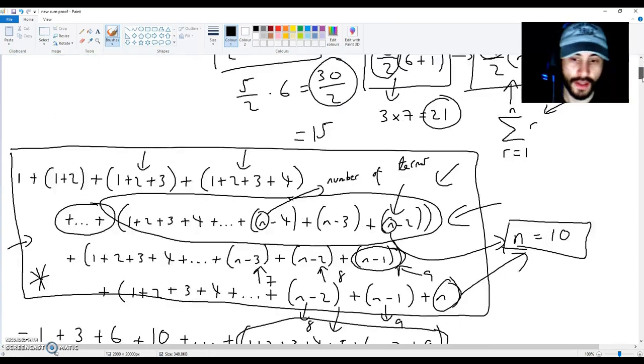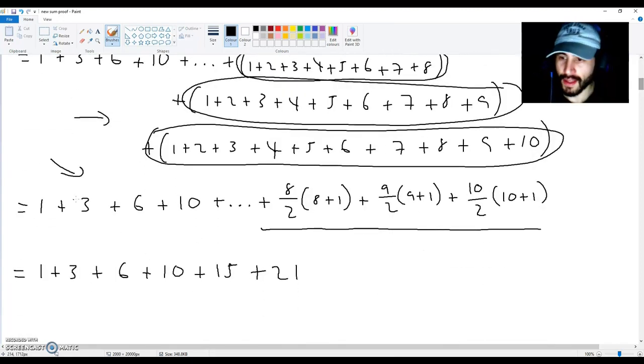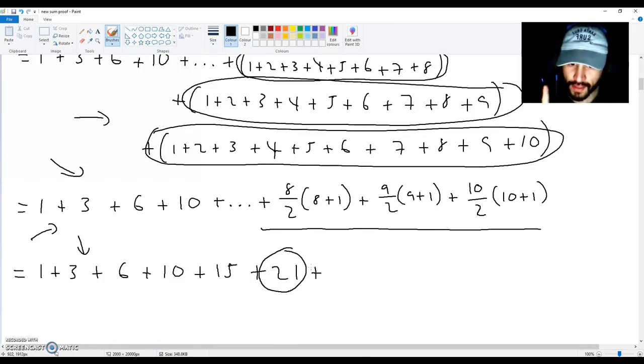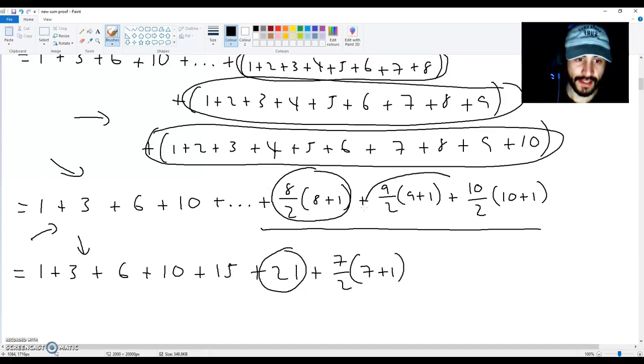So we know that this over here is translating into this below, and because this is 1 plus 2 plus 3 plus 4 plus 5 plus 6, we're going to get a 7 over 2 multiplied by 7 plus 1 here, and then we get these three things over here.